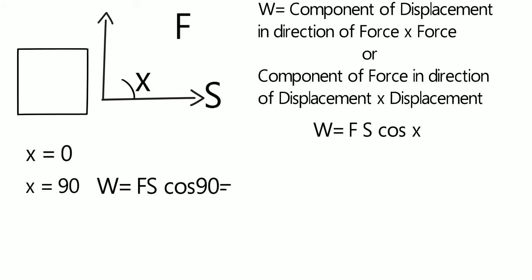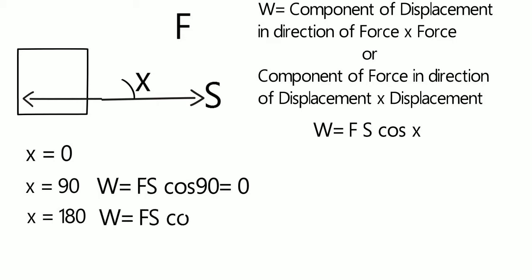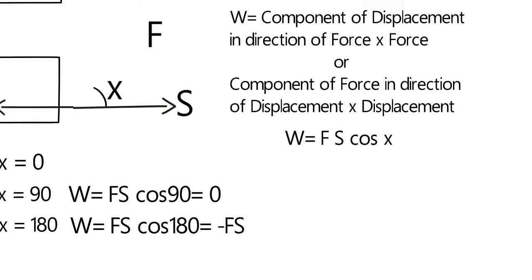So the work done by this force will be equal to 0. If the value of x is equal to 180 degrees, it means that the force and the displacement are in opposite directions. So the work done will be equal to force multiplied by displacement multiplied by cos 180 degrees. But the value of cos 180 is -1. So the work done will be equal to minus Fs.